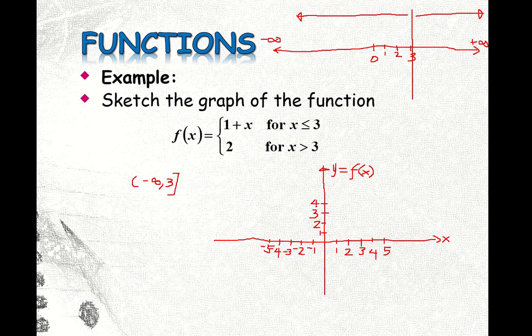Considering this interval from positive 3 going to the left, it means from here. I just mark it here to give us an idea. So with this interval, what will be our graph for this part?